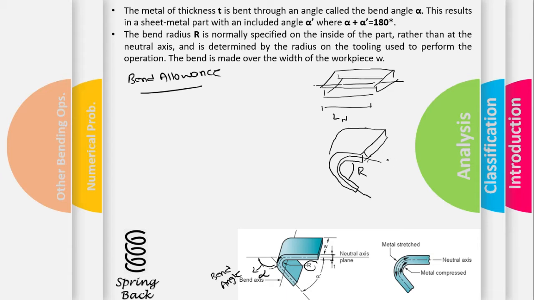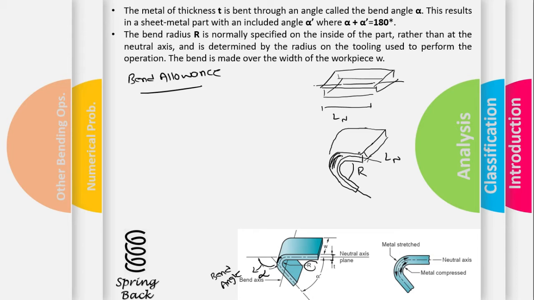The length of the neutral axis before and after the bending should be the same, but that's not the case. If the bend radius is small, there is some stretching along this bend, so because of that the length of the neutral axis increases during the bending operation.